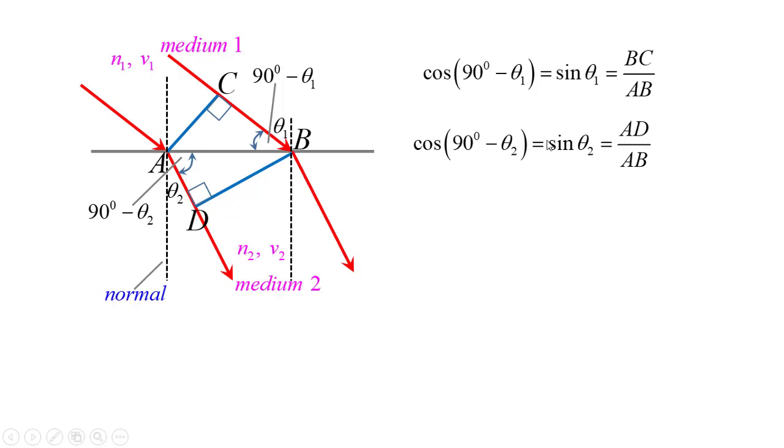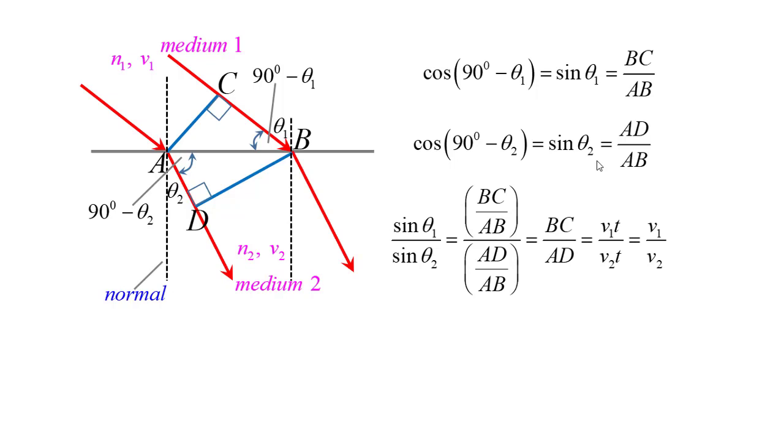And upon simplification, cosine of 90 minus theta 2 simplifies to sine of theta 2, using the cosine of sum and difference. If we take the ratio of sine theta 1 and sine theta 2, we will get sine theta 1 over sine theta 2 is equal to BC over AB divided by AD over AB, which reduces to BC over AD.